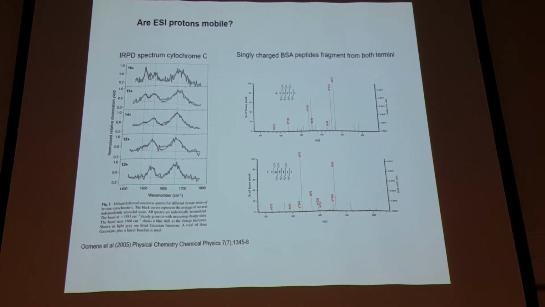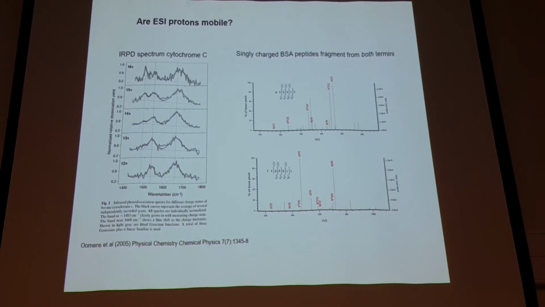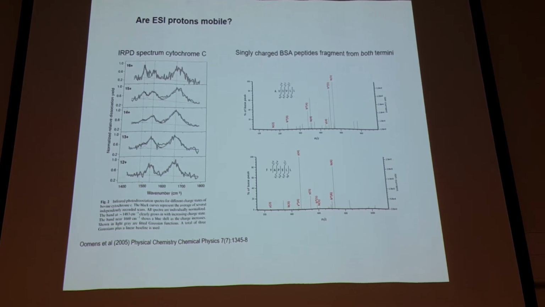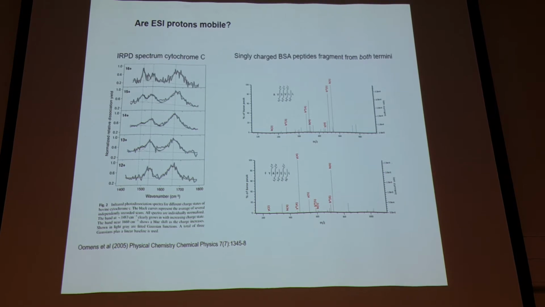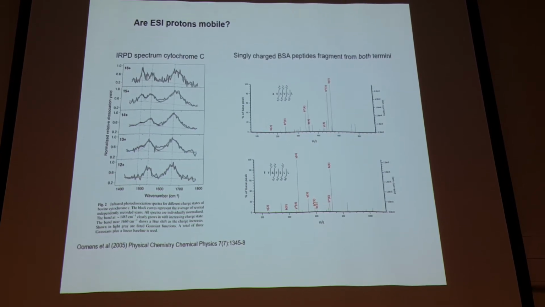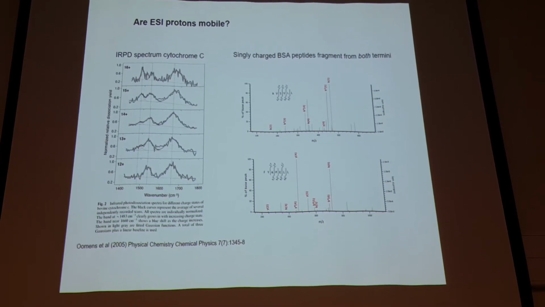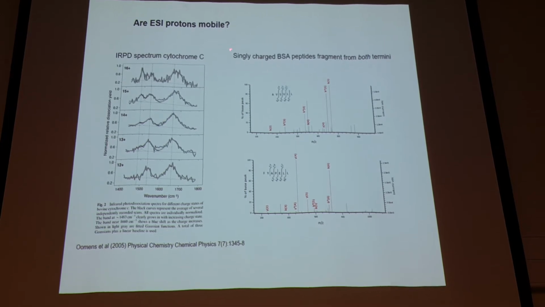Also, if you study peptide fragmentation, mobile proton theory has been around for years, and you cannot explain peptide fragmentation without it. Basically, this experiment we've done in the SGC.